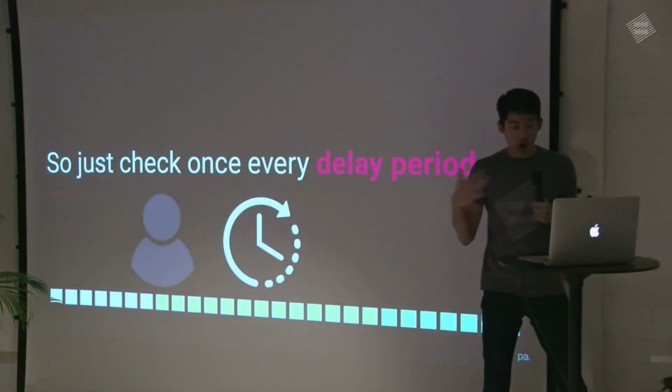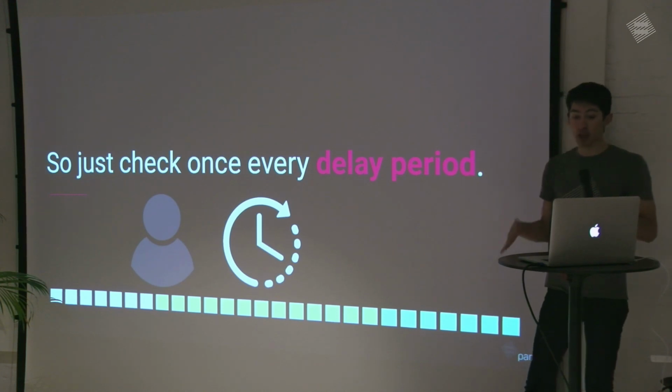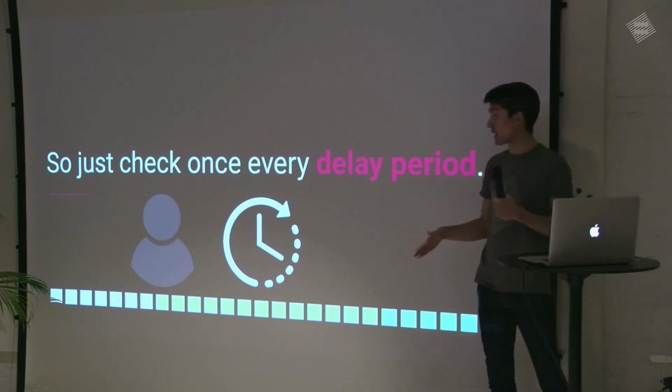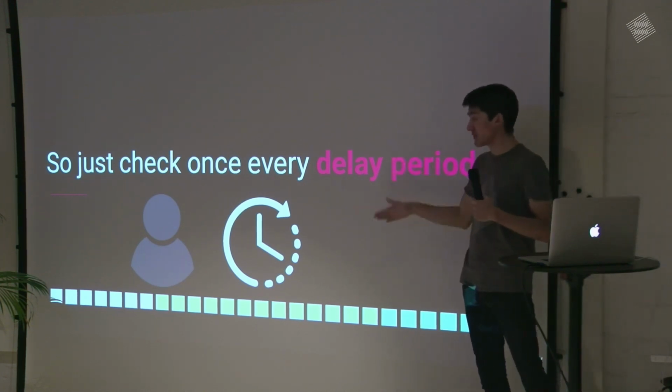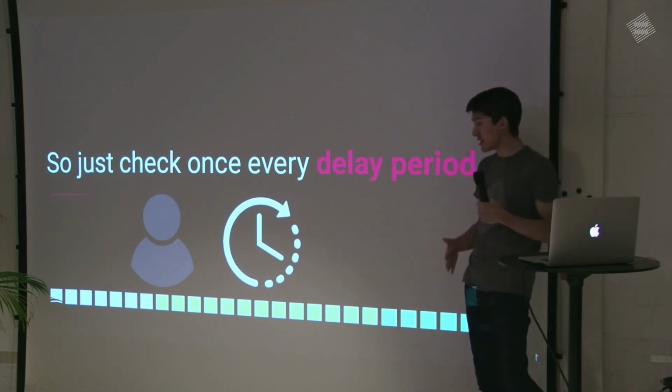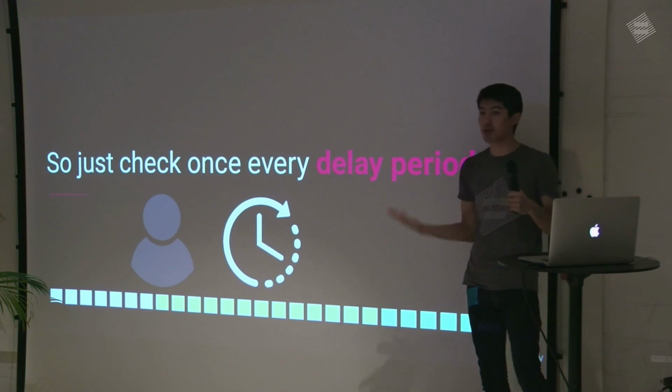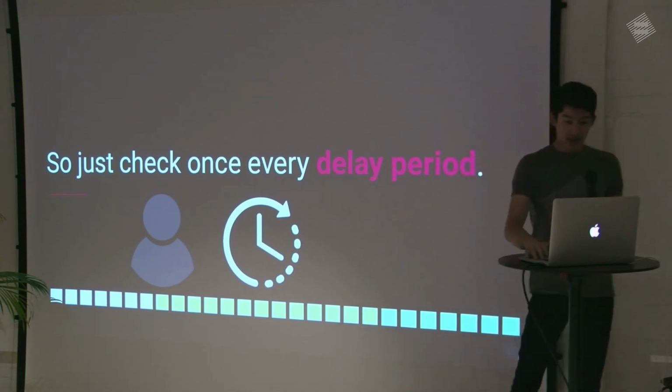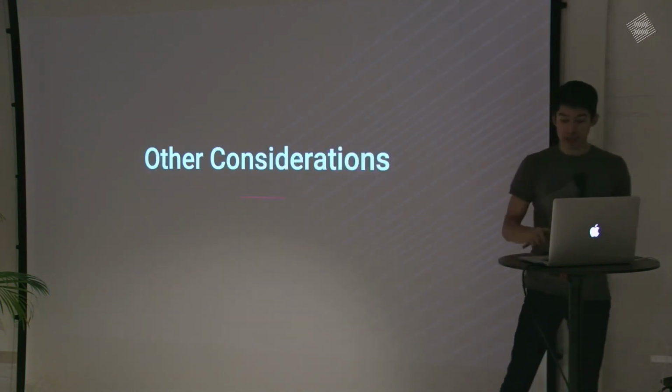But in general, all you really need to do to keep your account safe is check once every delay period. Again, you configure this delay period, but you check once every delay period. As long as there's no one trying to recover your account, you're good. Otherwise, if people are recovering your account, just get the free money. It's awesome.